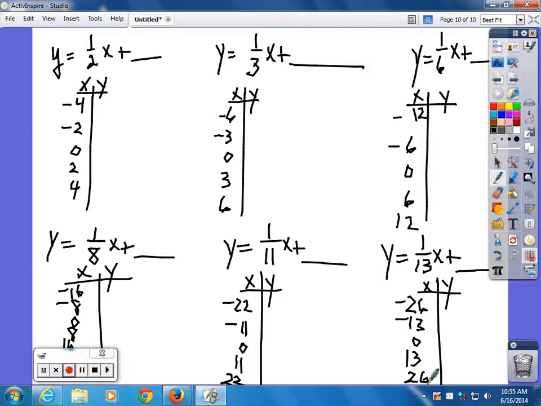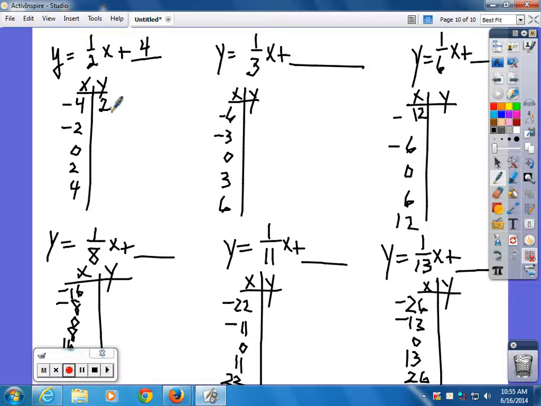And what happens when I use multiples of the denominator? What happens to the fraction? It cancels. You get whole numbers. So let's do one. Let's say this is 1/2 x plus 4. Well, what's negative 4 divided by 2? Negative 2. And negative 2 plus 4 is 2.